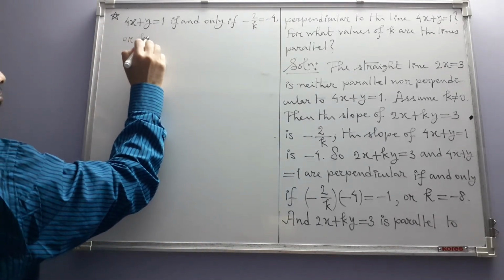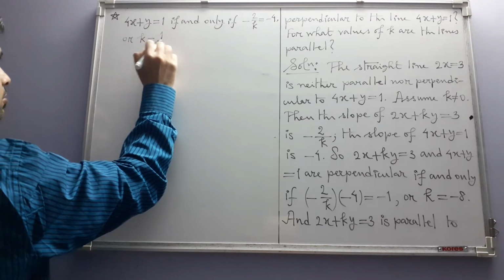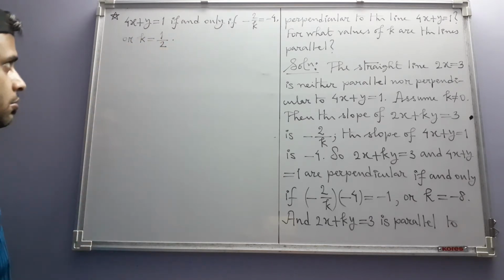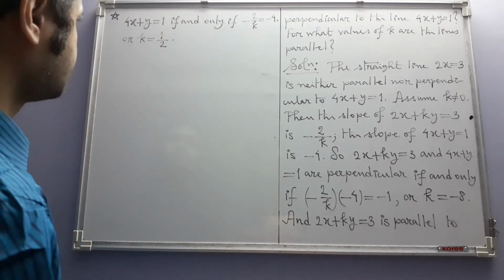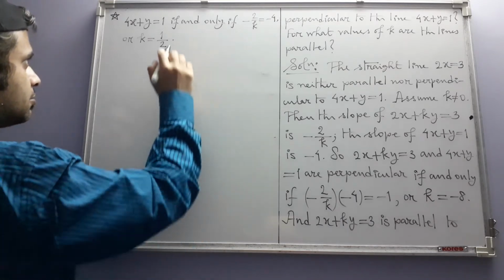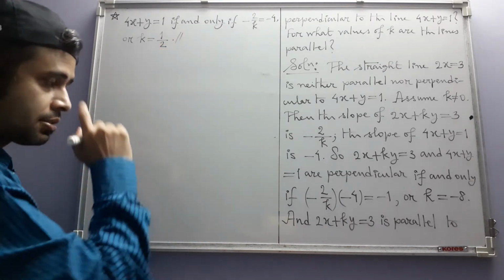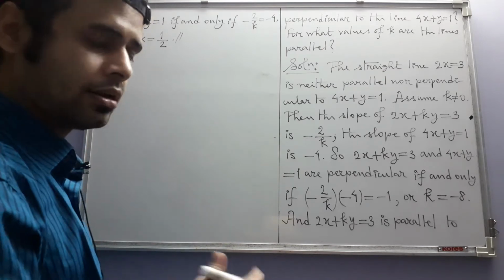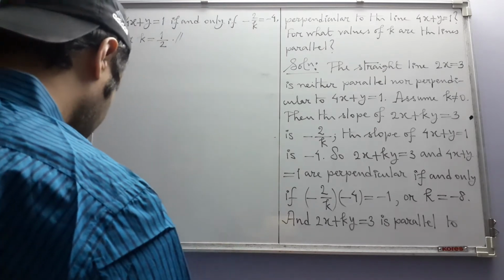Or k is 1 over 2. So these are the values of k that make the lines parallel and perpendicular to each other.